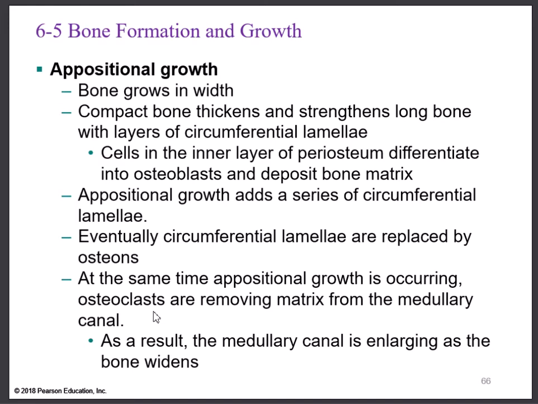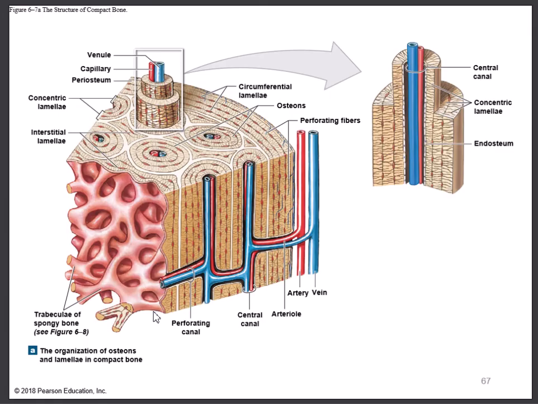Otherwise, we would have just a thin medullary cavity in between and too thick of a compact bone. So as the bone gets wider this way, this cavity over here is also getting wider. We'll disintegrate some of this bone here to make this cavity wider. So with that, it is proportional.